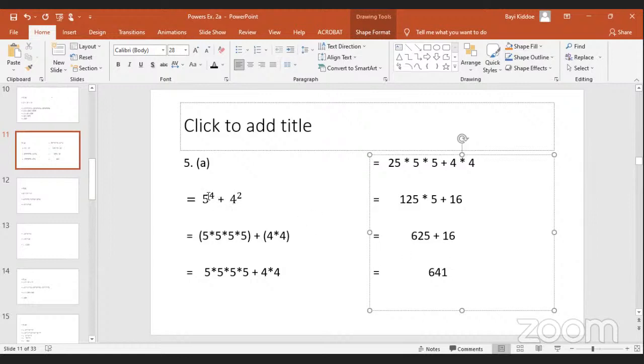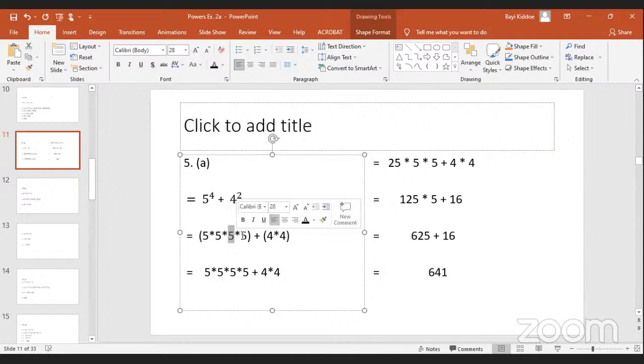Let me go through that again. 5 to the 4 is 5 times itself 4 times, which is 5 times 5 times 5 times 5. 4 to the 2 is 4 times itself 2 times, 4 times 4. Bring that down.